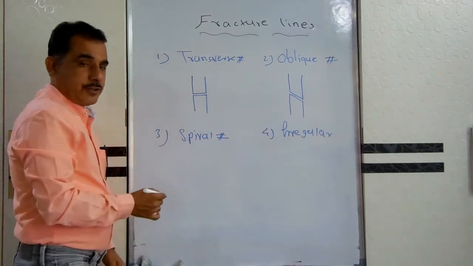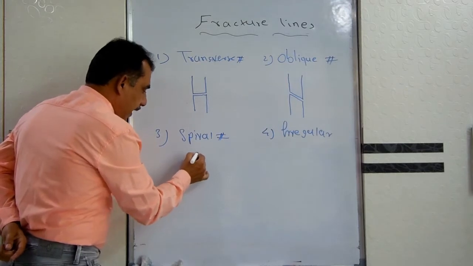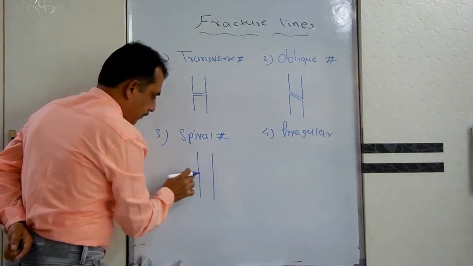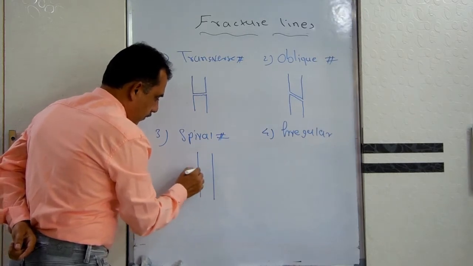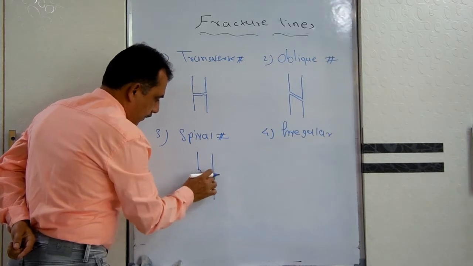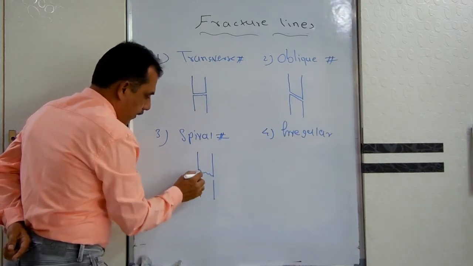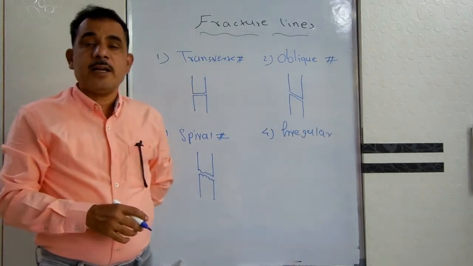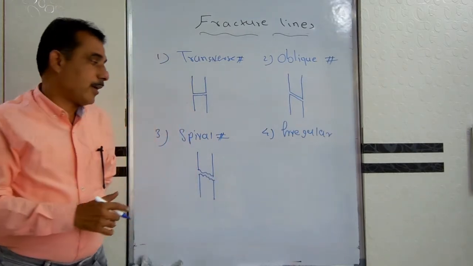Then spiral fracture, where the line of the fracture is a spiral. Then this type of fracture is called a spiral fracture.